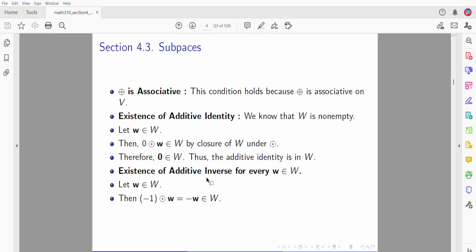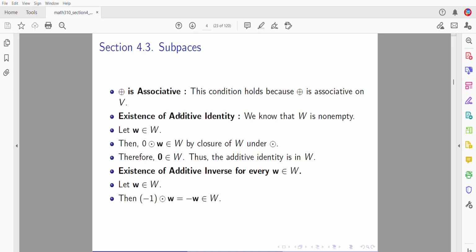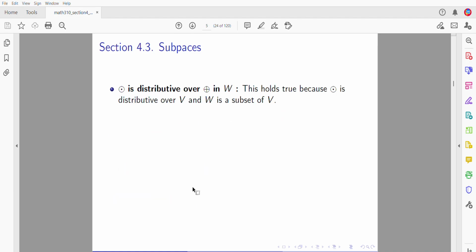Because W is closed under ⊙. Okay, so the closure is so powerful that for any vector in W, its additive inverse also ends up landing in W. Notice we finished all four addition properties. Now, let's go to scalar multiplication properties.